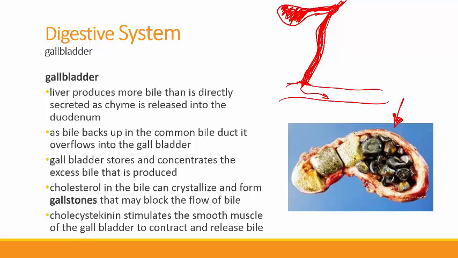And so a second job of the gallbladder, not only is it to store bile, but a second job is to concentrate that excess bile. So it pulls out water from the bile that it's holding there in the gallbladder.